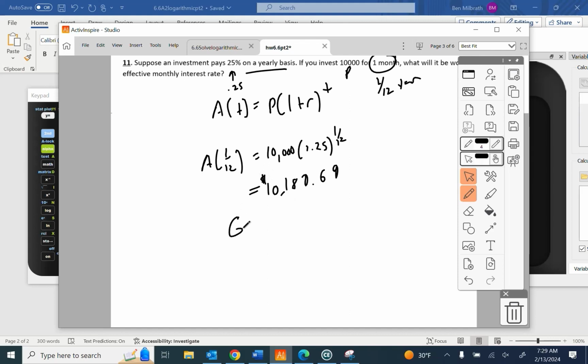Now, you grew by $187.69. If you want to figure out your effective interest rate, just take your 187.69 and divide it by what you invested, 10,000. That ought to do it.